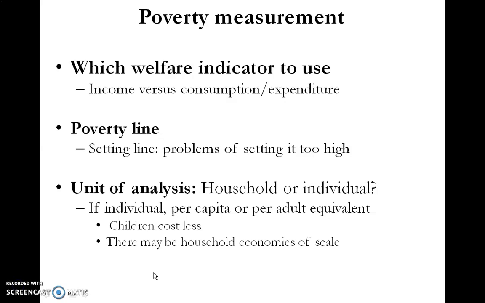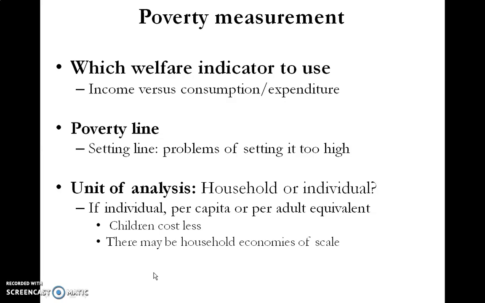When measuring poverty, there are quite a few things one needs to consider, because it will have implications in terms of how one interprets the findings. First of all, you need to decide which welfare indicator you are going to use when measuring poverty. Are you going to measure income, or are you going to measure consumption or expenditure? Something else one needs to consider is which poverty line you set, because there are issues that come with setting a poverty line too high, but more on that later.